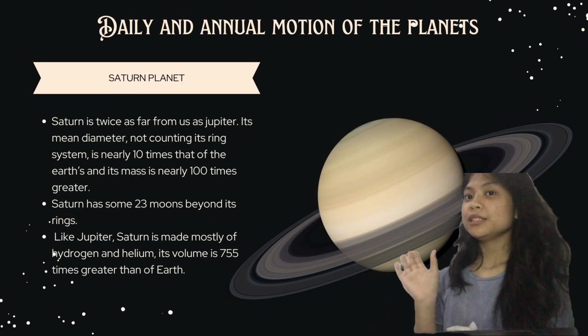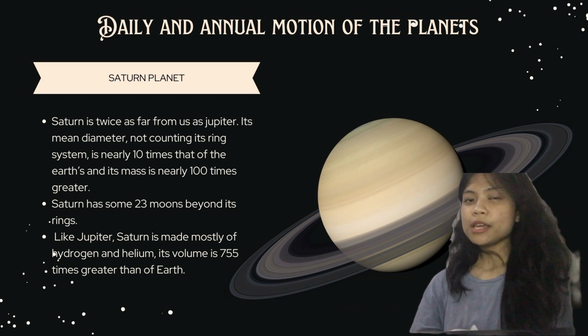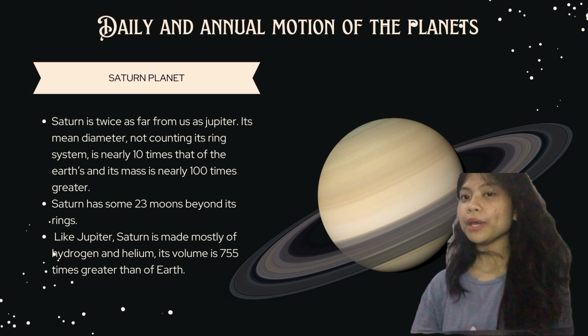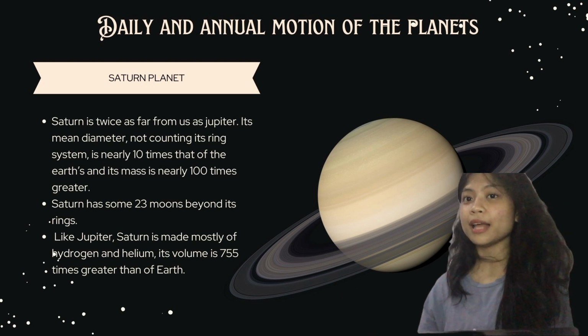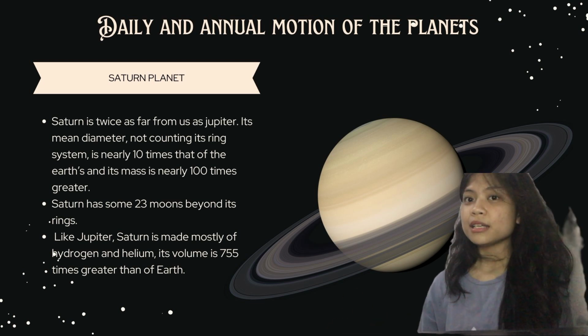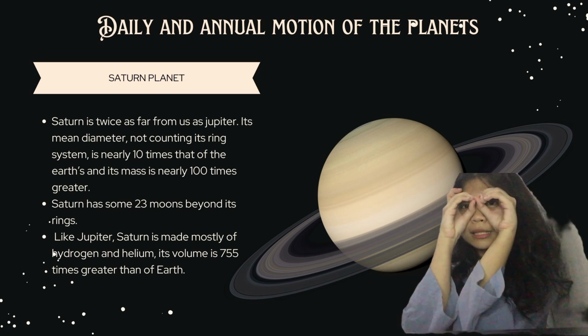Saturn. Saturn is famous for its rings. The rings appear to be composed of many small bodies which revolve around Saturn like miniature satellites. And its rings are visible with binoculars or kaya sa telescope.